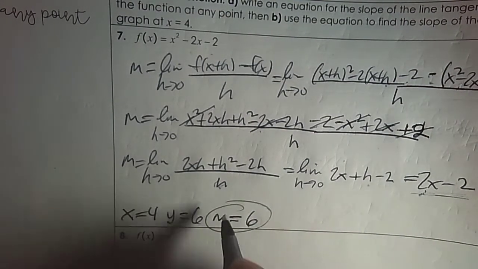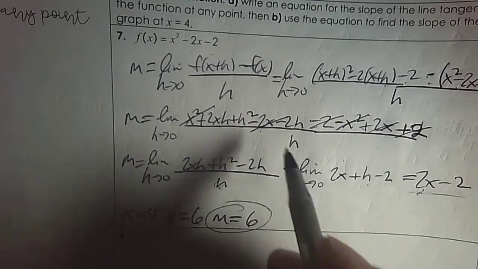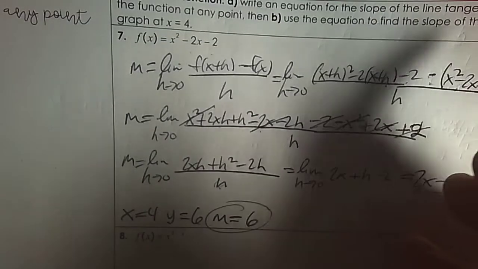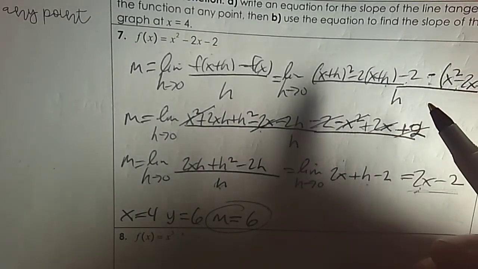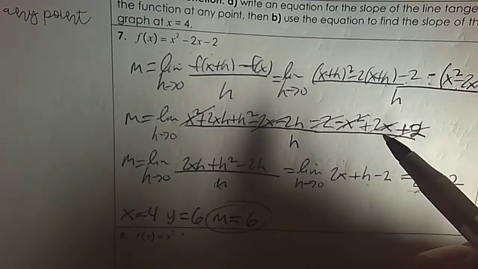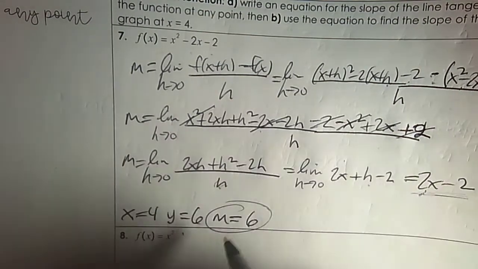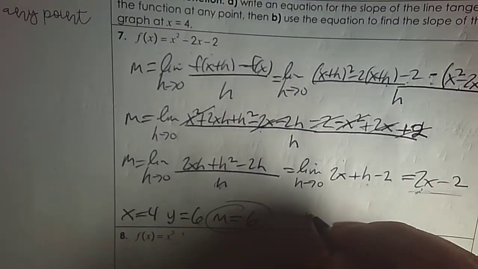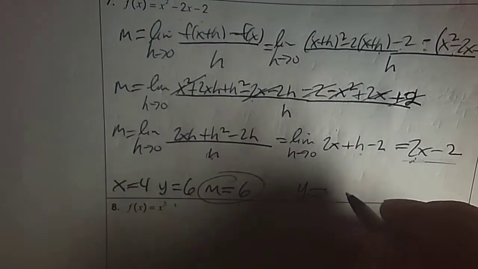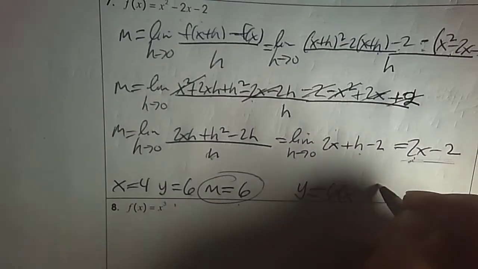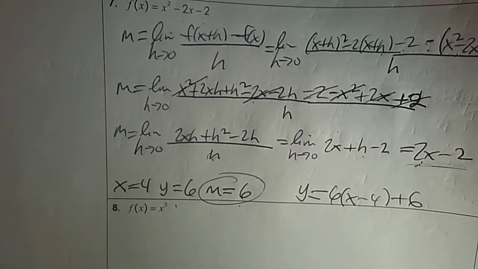So the slope is 6 and the y coordinate is 6. So it says write an equation for the slope of the line tangent to the function. So the equation, the slope is 6. The equation of the tangent line would be y equals 6, x minus 4 plus 6.